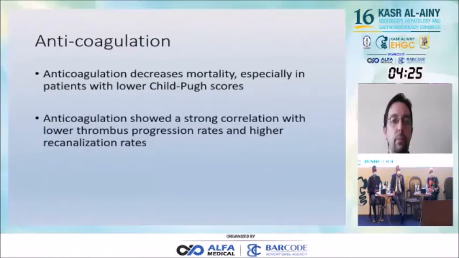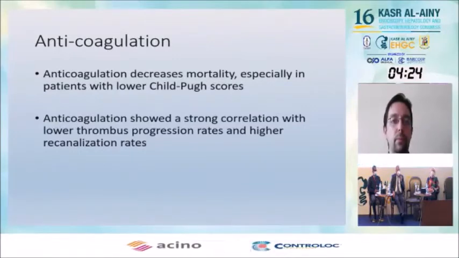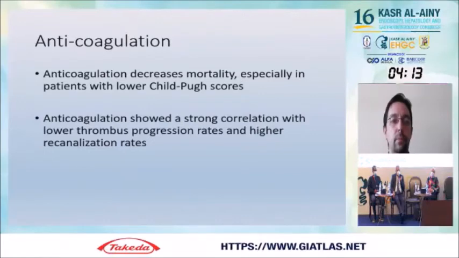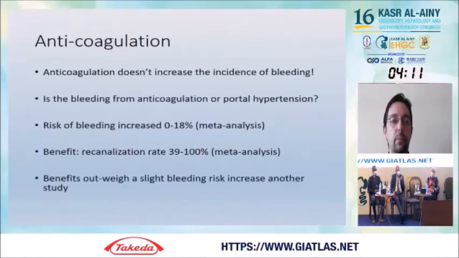Anticoagulation decreases mortality, especially in patients with lower Child-Pugh scores. Anticoagulation showed a strong correlation with lower thrombus progression rates and higher recanalization rates in many studies. And it was mentioned that anticoagulation doesn't increase the incidence of bleeding.